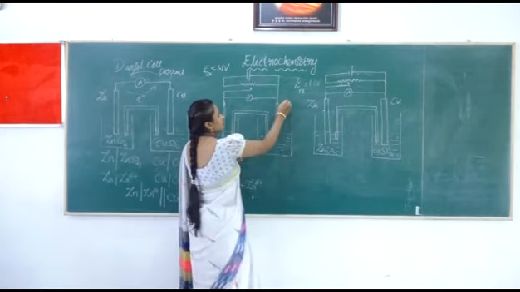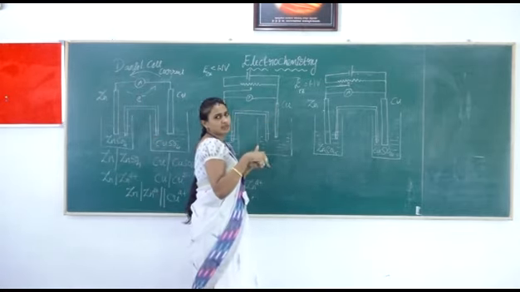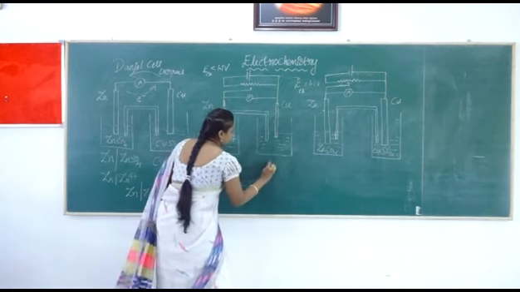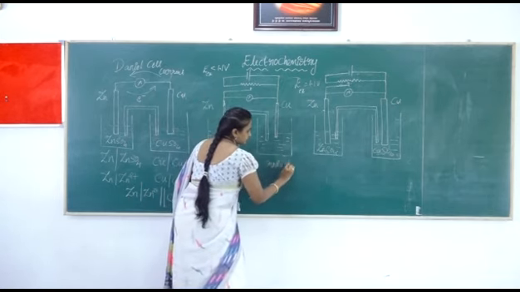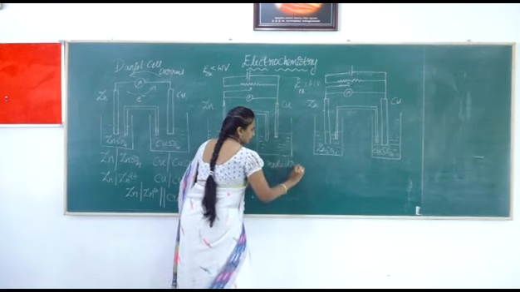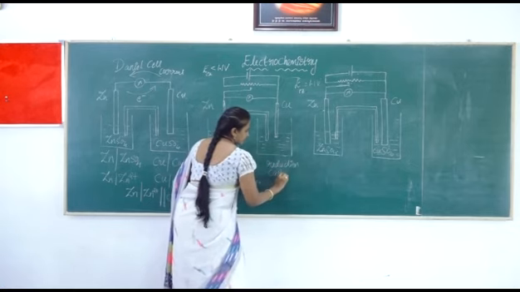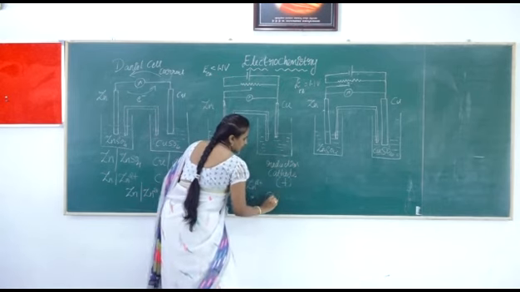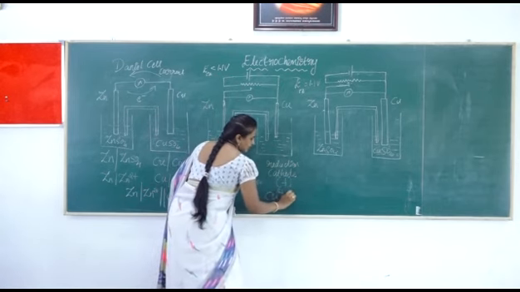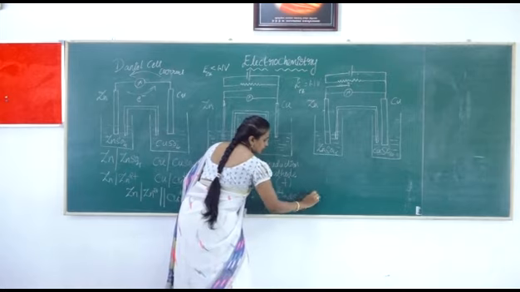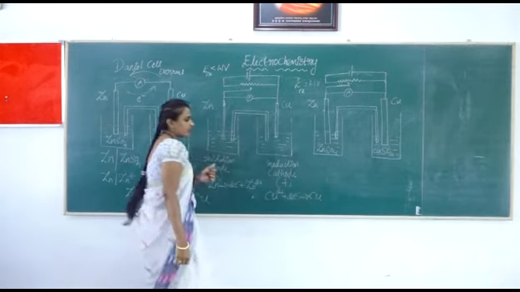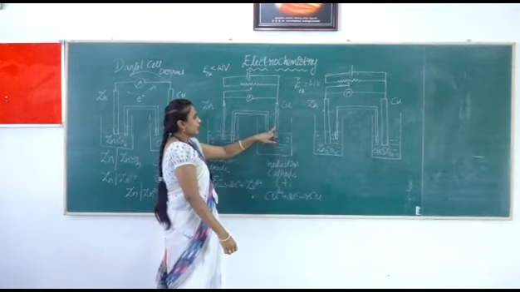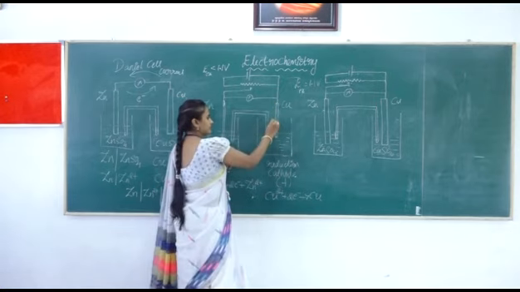Your copper will start accepting the electrons, meaning that it undergoes reduction. If reduction takes place, it is called a cathode, denoted with the positive charge. Copper accepts the electrons and is converted into copper, which starts depositing on the metal surface.